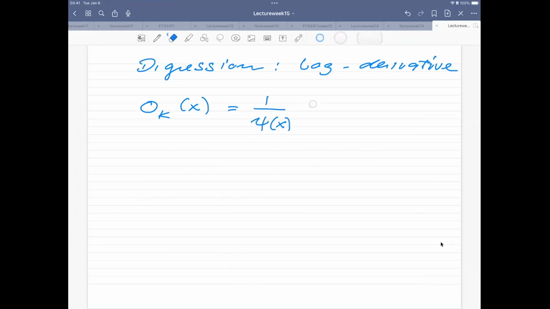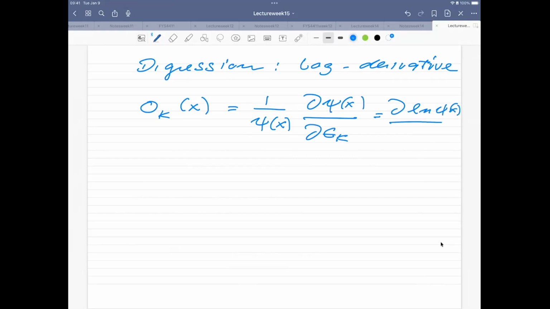Sorry, not an equality sign, but the derivative of psi of x with respect to theta k. And this is nothing but d of ln of psi of x over d theta k. This is just an intermediate trick.